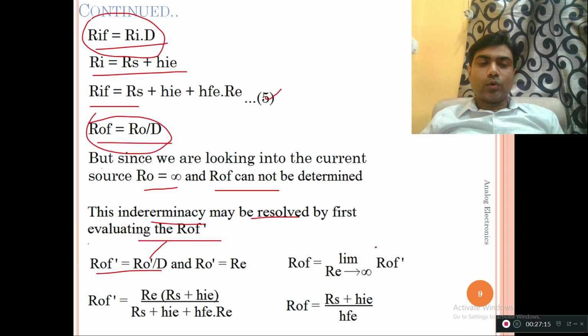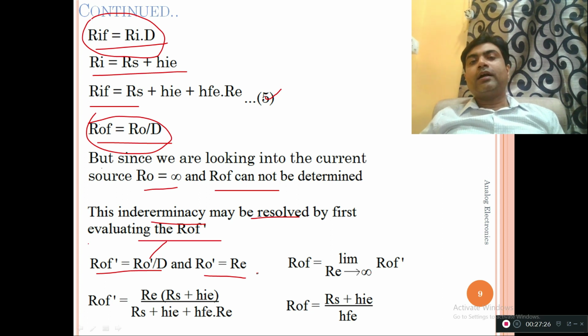So it is going to be equal to the value of RE, and also we are using the approximate model. If RO is in parallel with the RE, and RO is infinity, then what resistance is going to remain? The resistance which will remain is nothing but RE. So RO dash is equal to RE, and once I have found the value of RO dash, I can apply the value of D here, and this is the value of ROF dash.